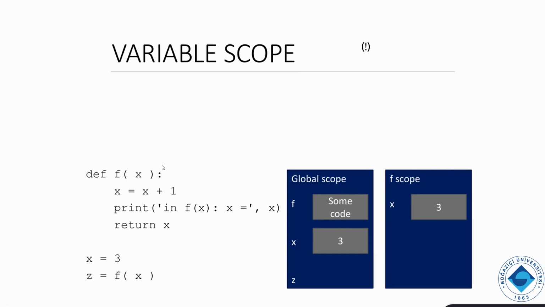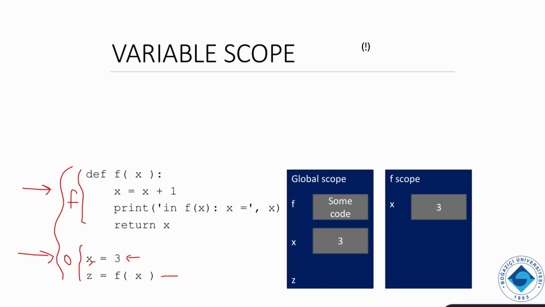Here in our example you can see the global scope. We have our function definition here, and this is outside of the function. Once we continue outside of the function, here we are assigning number 3 to variable x.